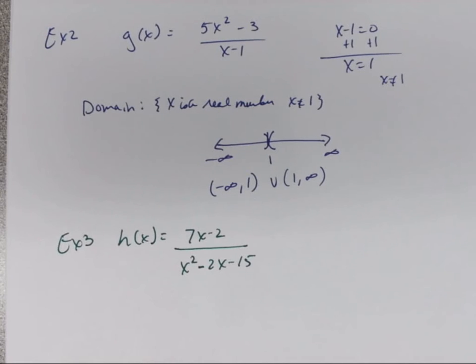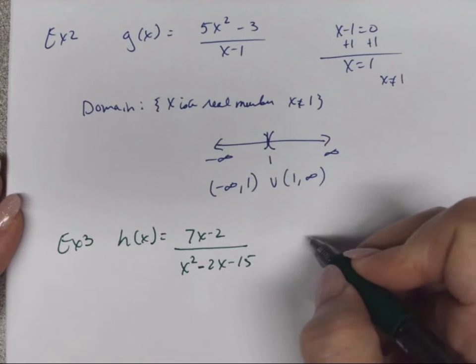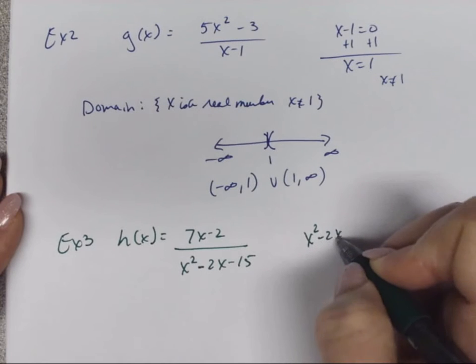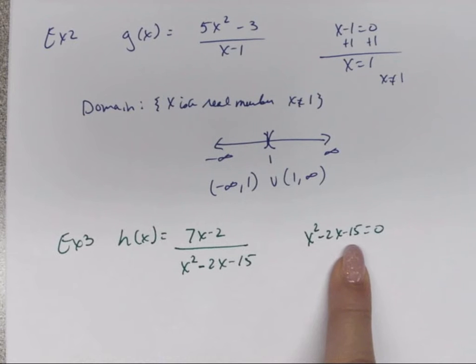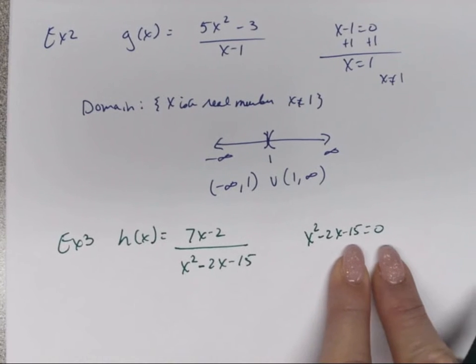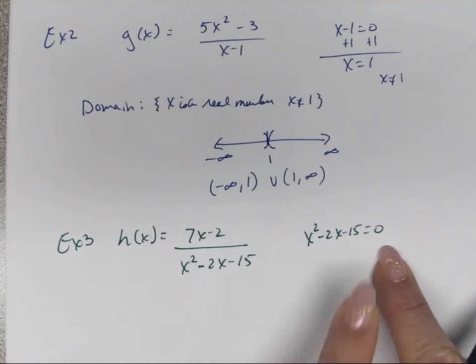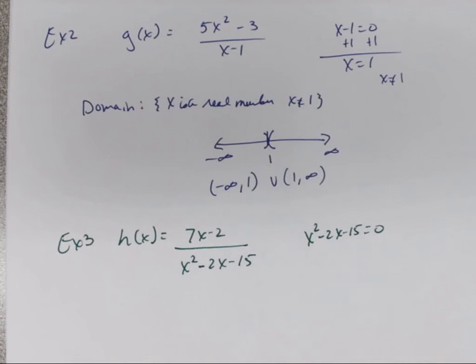So we take x squared minus 2x minus 15, set it equal to 0, and then we need to factor it. You can factor it any way you want, using the AC method, or the quadratic formula since it's set equal to 0. There are many options.